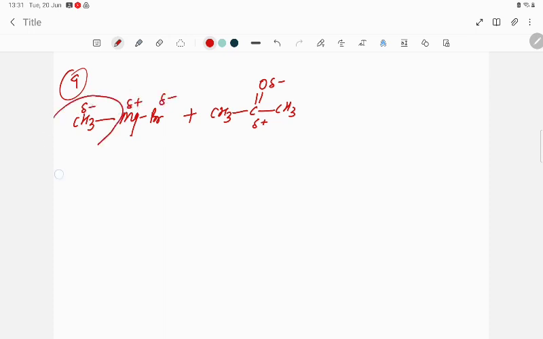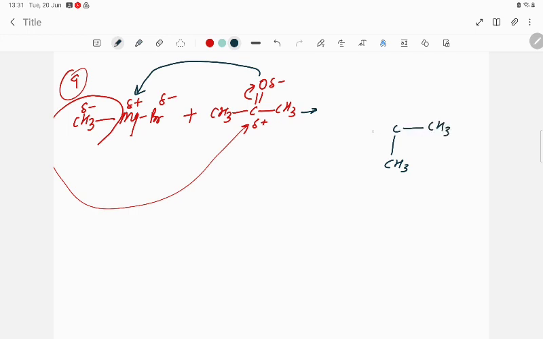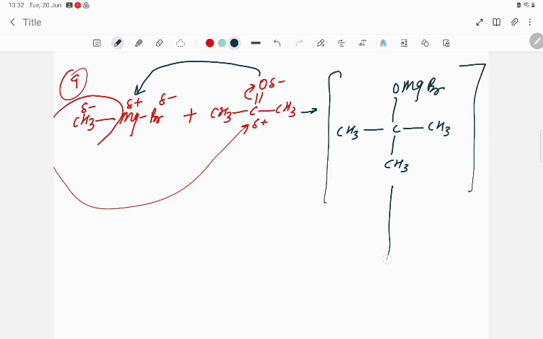This CH3 group is going to attack here, this bond will shift here, and now this oxygen will attract the magnesium ion. So what is happening, dear student? CH3 is going to add from the bottom, here is C with a CH3 group on both sides, this will be O, and it is adding with the MgBr. Now this is the adduct, student, right?